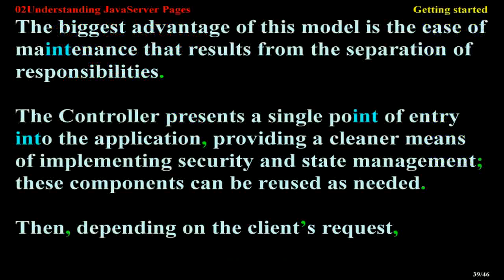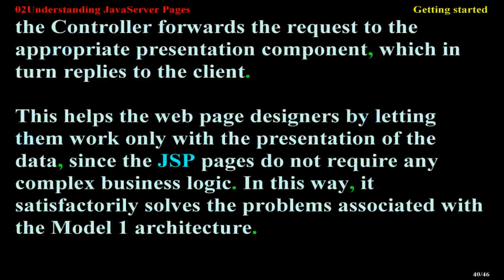The biggest advantage of this model is the ease of maintenance that results from the separation of responsibilities. The controller presents a single point of entry into the application, providing a cleaner means of implementing security and state management. These components can be reused as needed. Then, depending on the client's request, the controller forwards the request to the appropriate presentation component, which in turn replies to the client.